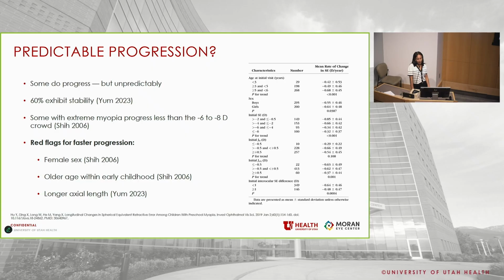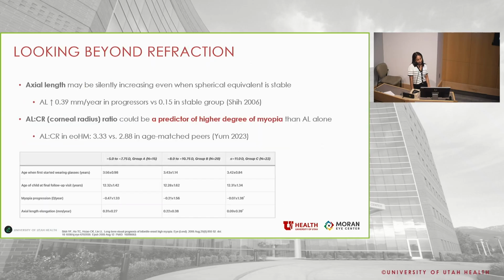But it turns out that most exhibit stability. The quoted number is around 60%. And some of the literature suggests that red flags we need to look out for are being older within the preschool range, being female, and having a longer axial length.